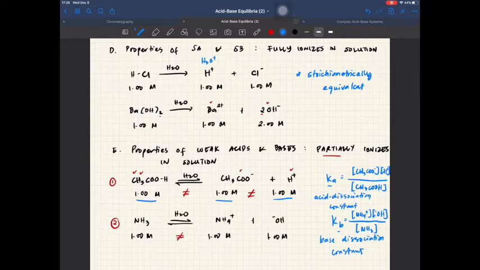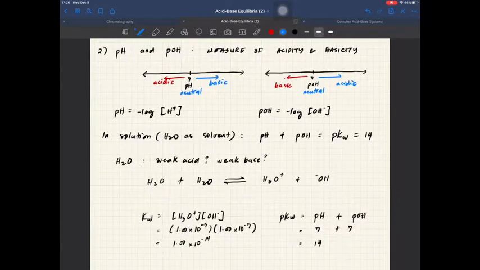Therefore, if there is a weak acid that has a Ka of 1 times 10 to the negative 2, and another weak acid that has a Ka value of 1 times 10 to the negative 5, the weak acid that has the greater Ka value, which is 1 times 10 to the negative 2, is the stronger acid. Next, we'll be talking about pH and pOH.